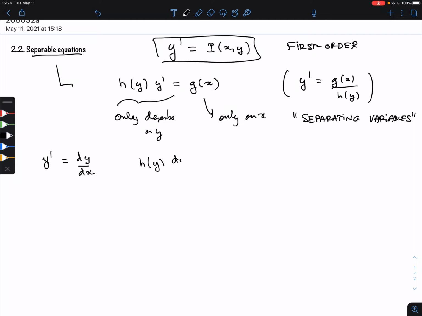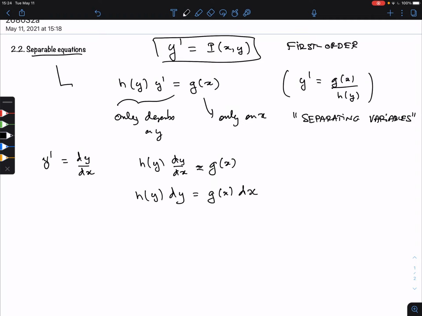But what we sometimes did was, let's use this notation here: dy dx equals g of x. I'm slightly different than what the textbook does, because I think it helps focus on what is going on. So I'm going to pretend that dy and dx are quantities that I can multiply. So I cross multiply and we get something like this.